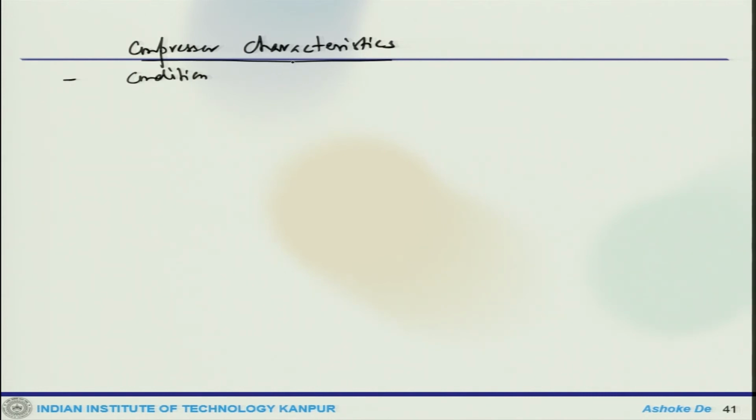For example, you have altitude and there you have temperature, density, pressure, Mach number, and power level. So, all these are conditions which are coming from the real engine, where the engine built with the compressor is going to operate.